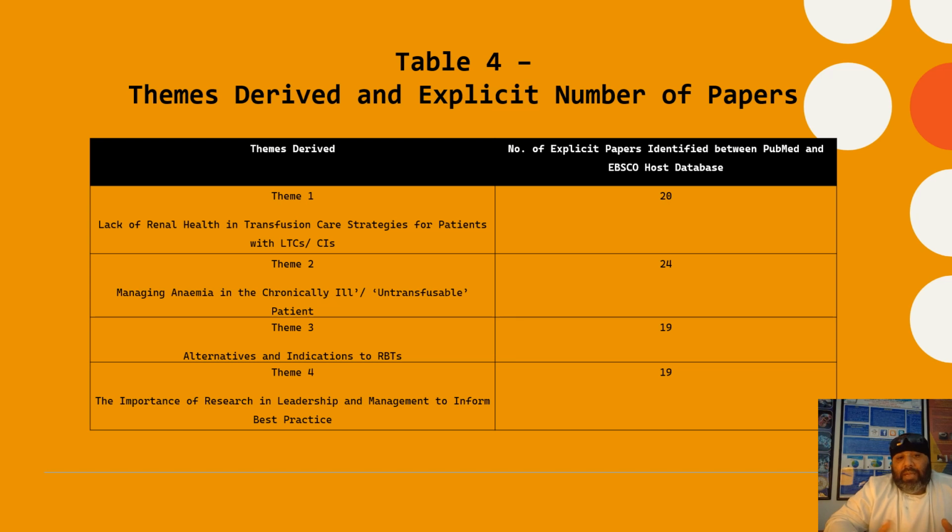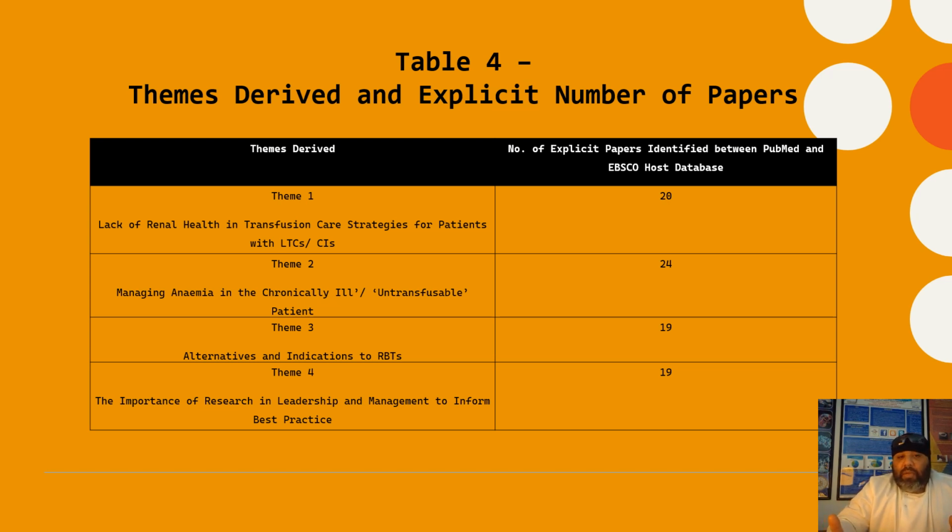Theme 1, a lack of renal health in transfusion care strategies for patients with long-term conditions and chronic illnesses: across the databases, after particular searches were implemented, 20 publications related to theme 1.